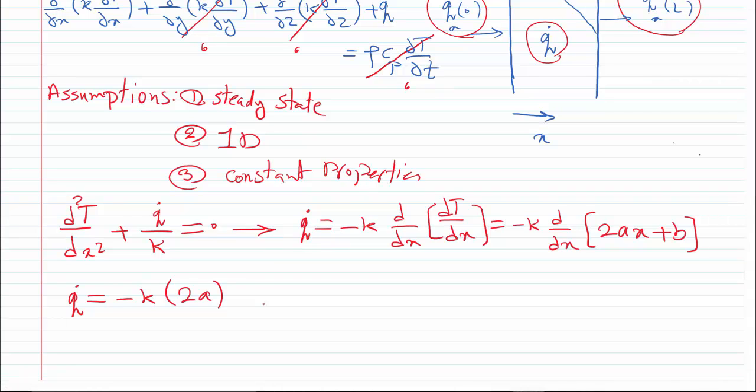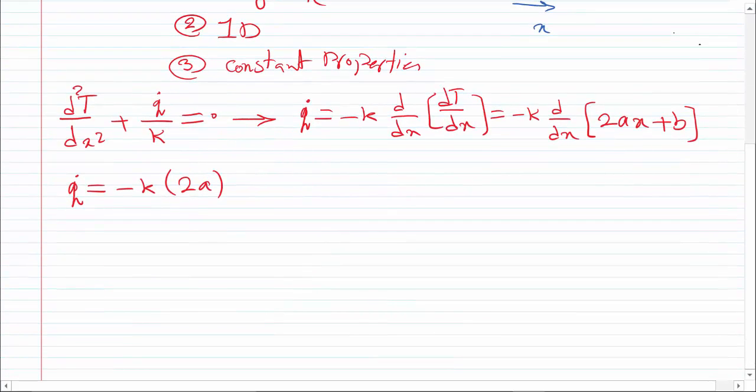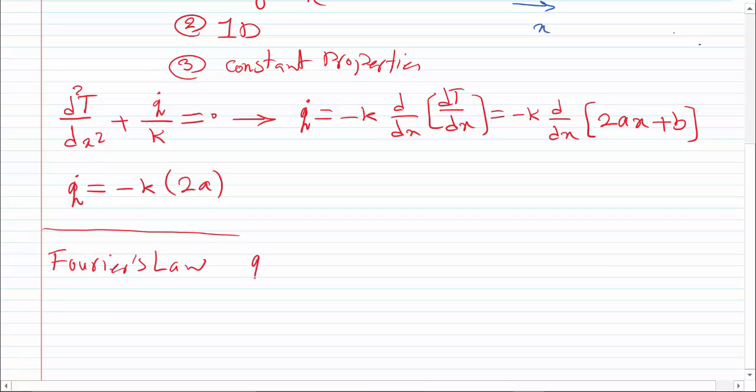Now, the question also wants us to find the heat fluxes at x equals 0 and x equals L. In order to find those values, we simply can use Fourier's law. Fourier's law for a 1D case is simple to write.